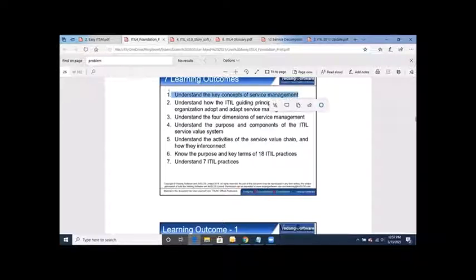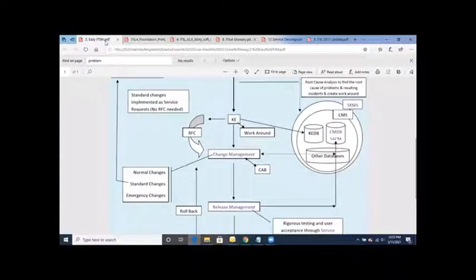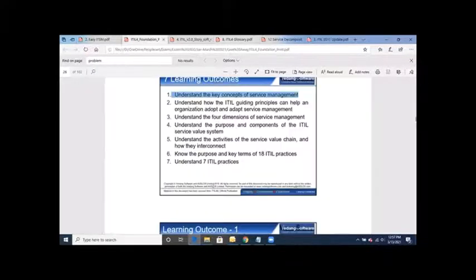These key concepts are service क्या है, what is service, what is problem, what is incident, all very simple things which we are getting covered in our storybook, which we are also covering in the easy ITSM here, and which you will also go through in the glossary sometime. So that is one.